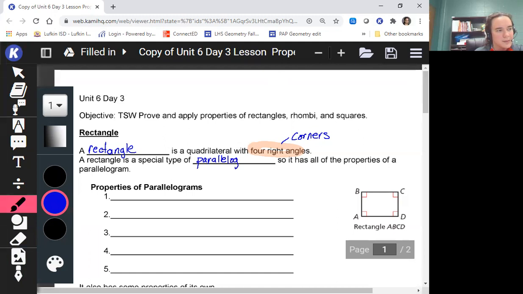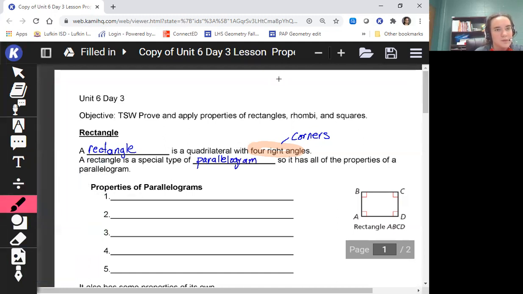So it has all of the properties of a parallelogram. So remember the properties of a parallelogram. We have 2 sets of opposite sides parallel, which makes it a parallelogram. Opposite sides being congruent.